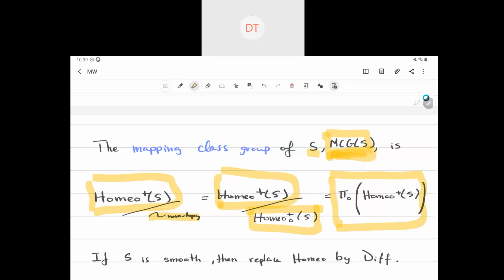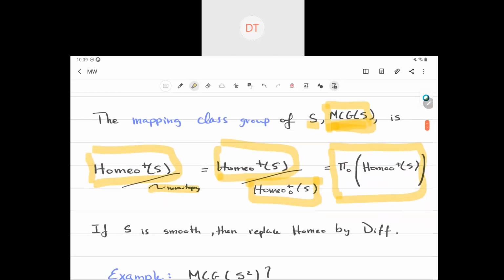So if we have more structure, say if S is smooth, then we can replace homeomorphisms by diffeomorphisms, right? This is very natural. We have this extra structure, why not use it?